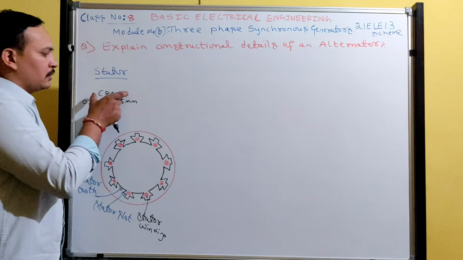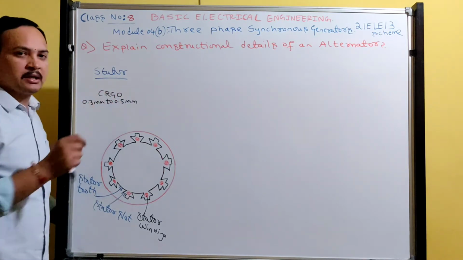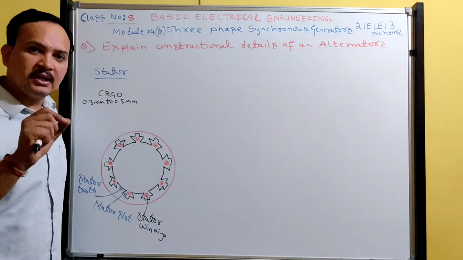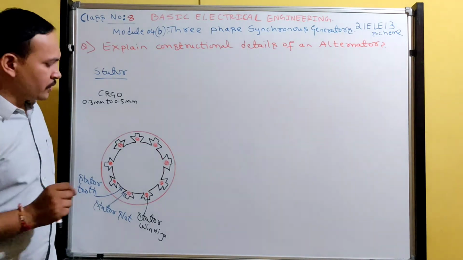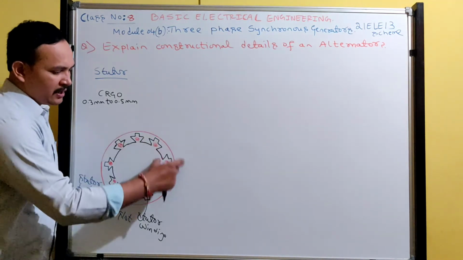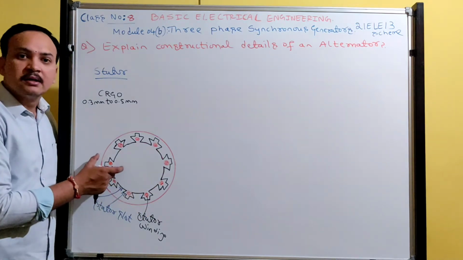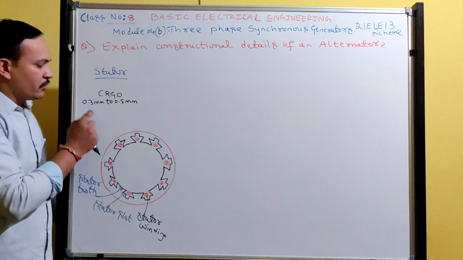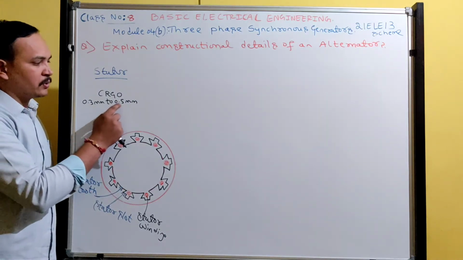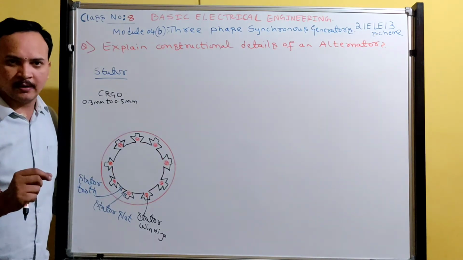This CRGO material has high permeability and low hysteresis loss. It is a laminated sheet, and the thickness of the lamination varies from 0.3 mm to 0.5 mm.